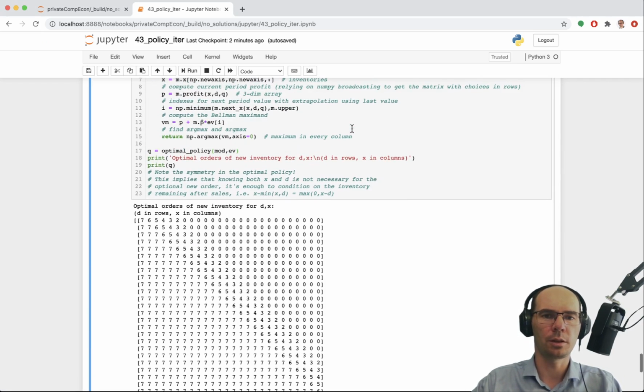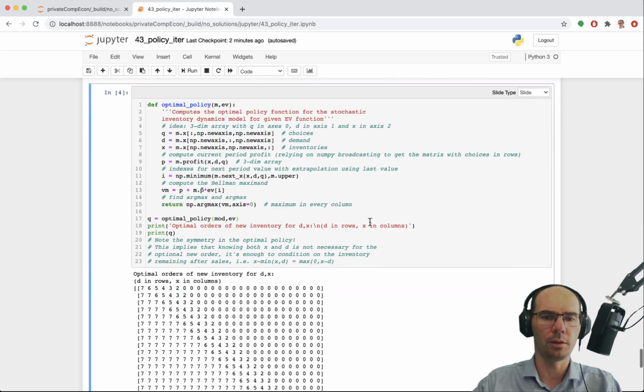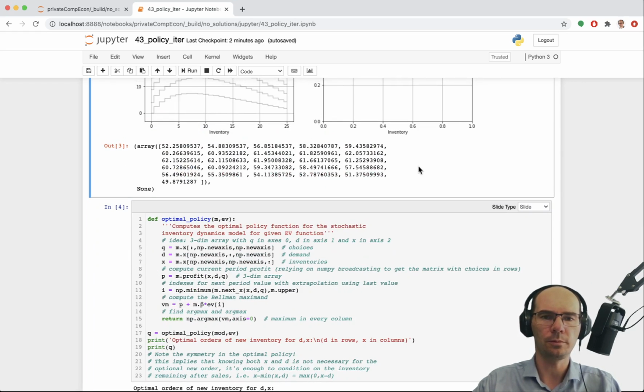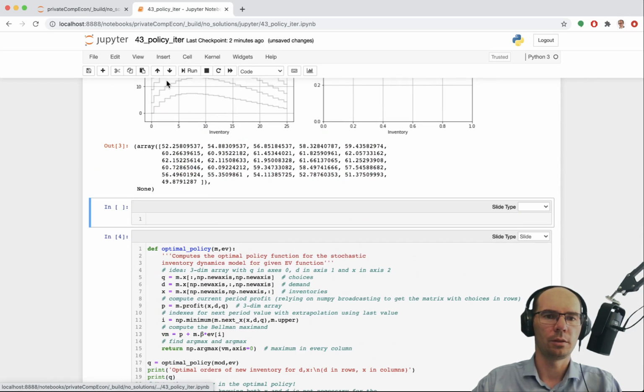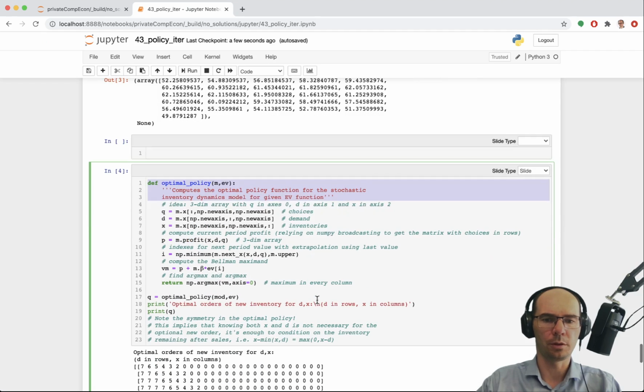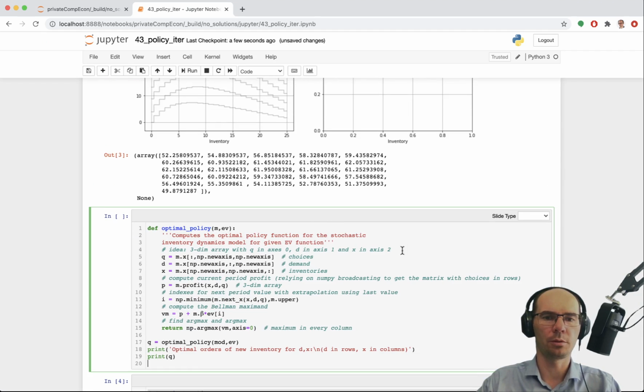Okay, so let's start with coding up the policy function. Let me just copy this first, and then we will implant it into the class.